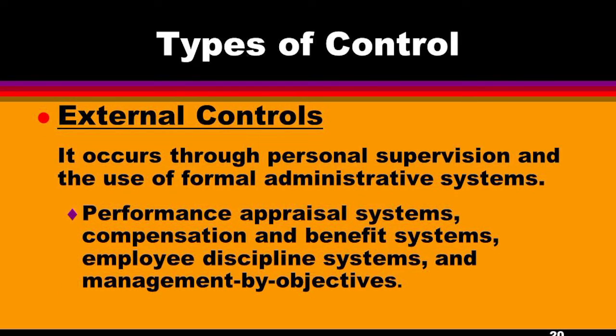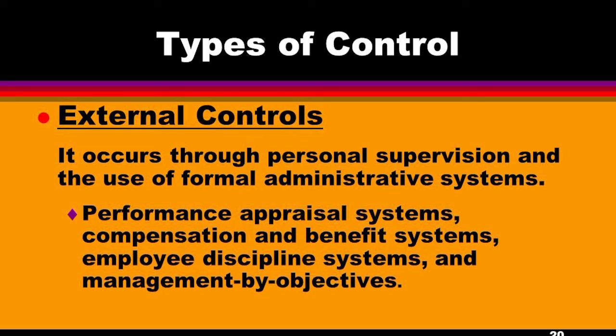External controls are appraisal systems, compensation, benefit systems, discipline systems, and management by objectives. What is an appraisal system? People who produce more than 800 units, each unit above 800 is paid a double amount. Compensation systems: if a person worked more hours, then OT, if he did OT, he will be paid double.